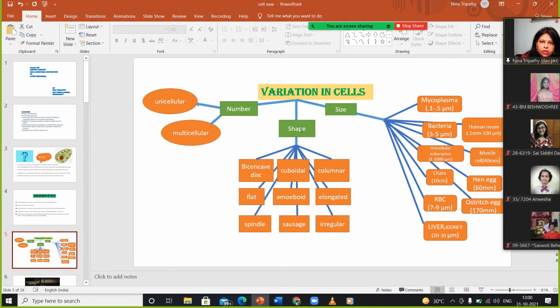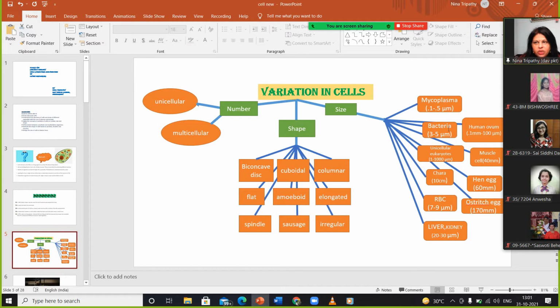On the basis of shape, they may be biconcave, cuboidal, columnar, flat, amoeboid, elongated, spindle shape, sausage shape, or irregular. On the basis of size, the smallest is the mycoplasma, 0.1 to 0.5, the smallest cell, that is the PPLO. In your book it is given.